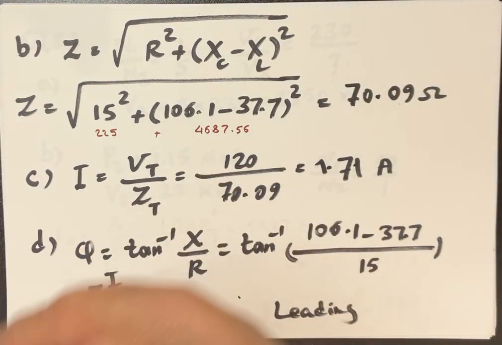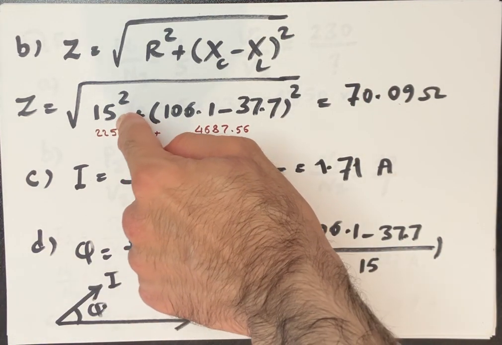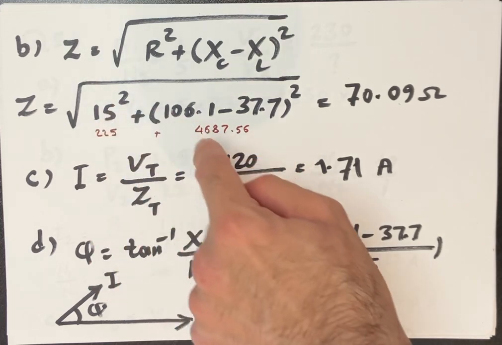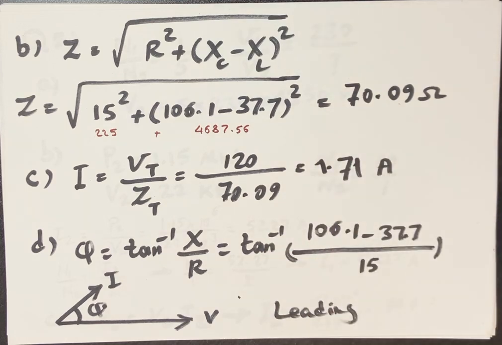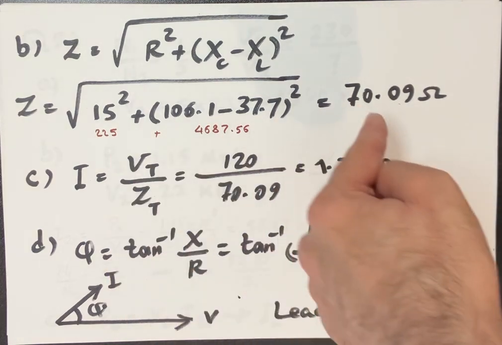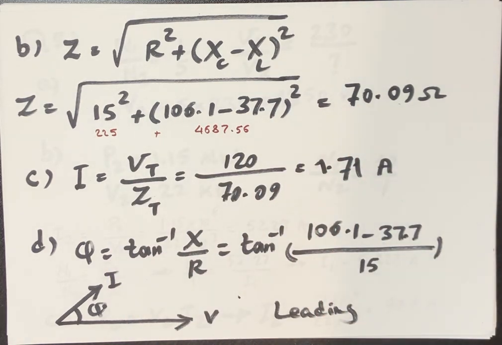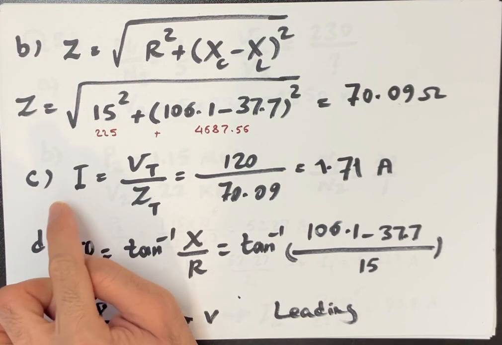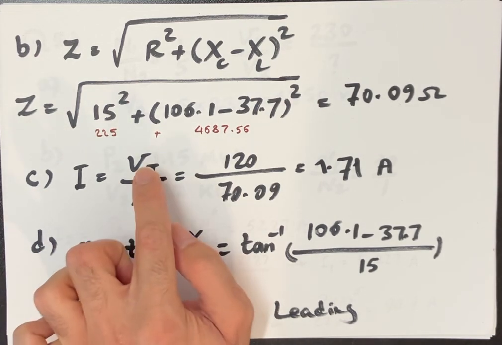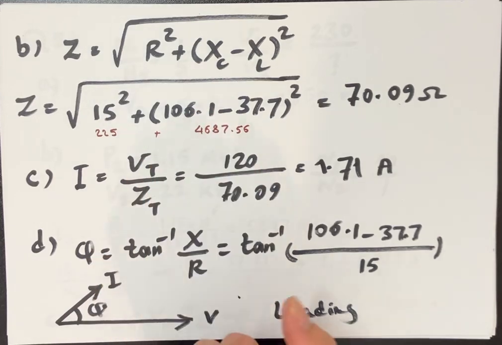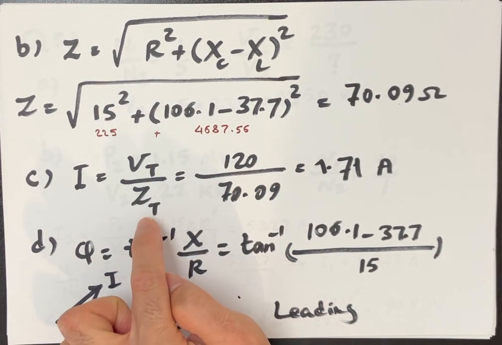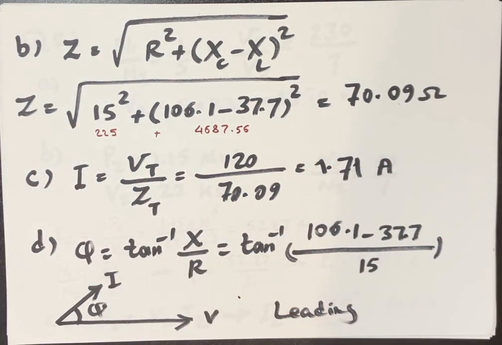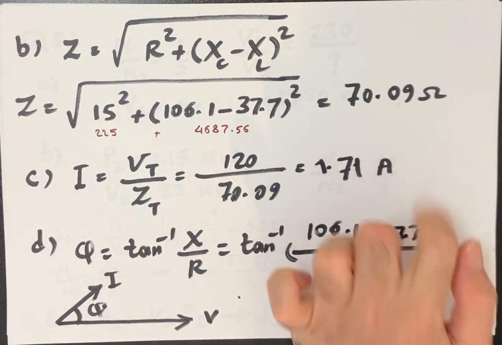In our case, we had resistance in the question, and we calculated the capacitive reactance and inductive reactance in section A, so we can obtain the impedance. Section C is about the total current, which equals total voltage divided by this total impedance. Total voltage in the question was 120, and total impedance is what you obtained in section B, 70.09.